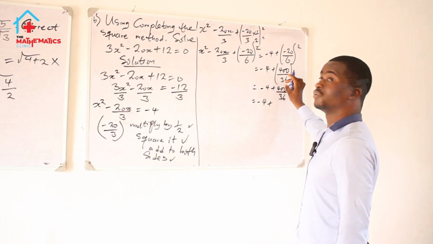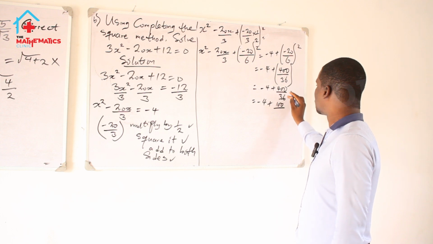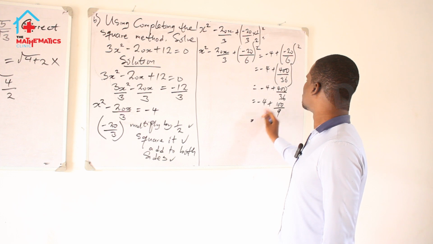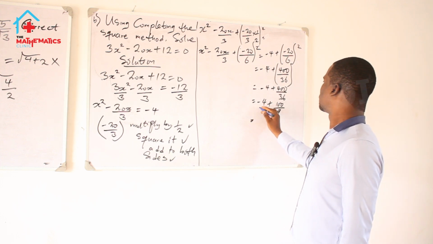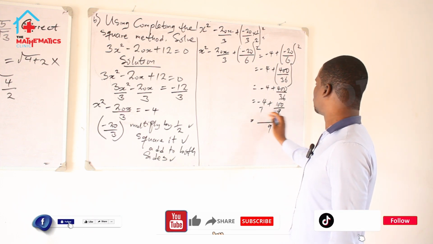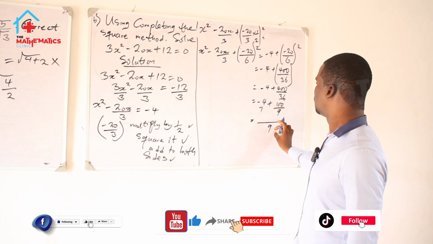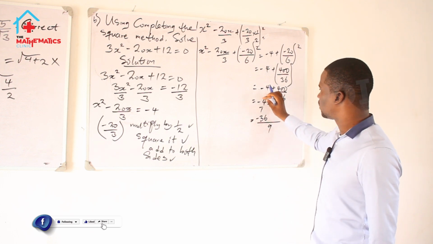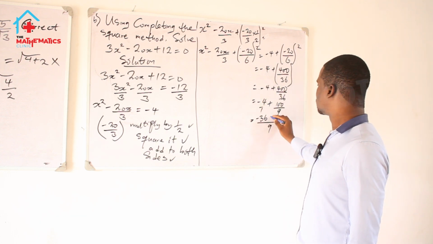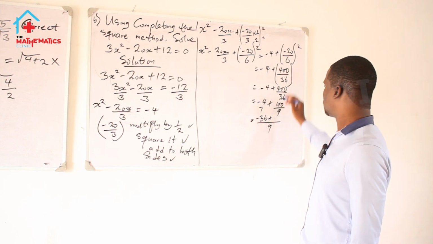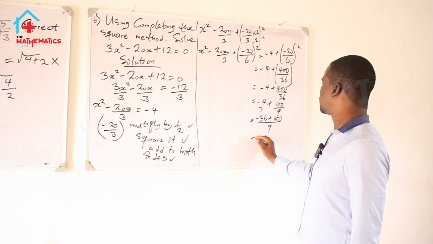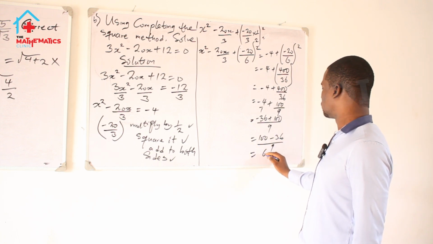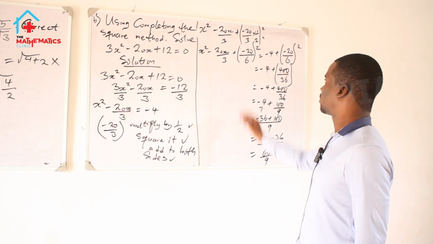So 4 in 400 gives 100, over 4 in 36 gives 9. Now we need to turn this to a single fraction by taking the LCM of 9 and 1, which is 9. 9 multiplied by minus 4 gives minus 36, then 9 in 9 is 1, and 1 multiplied by 100 is 100. So this is as good as writing 100 minus 36 over 9, which should give us 64 over 9, right?